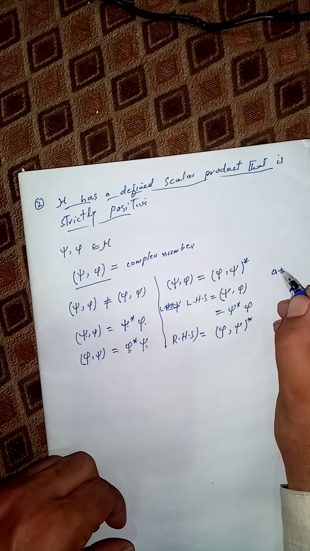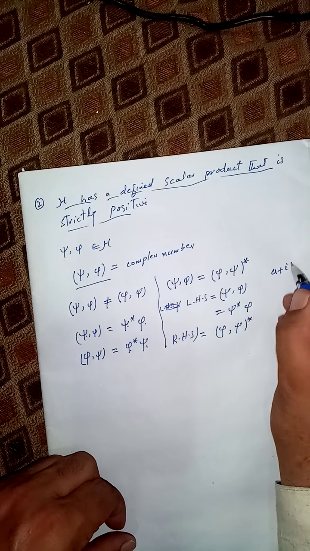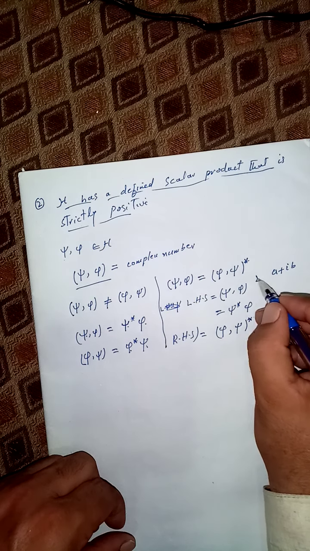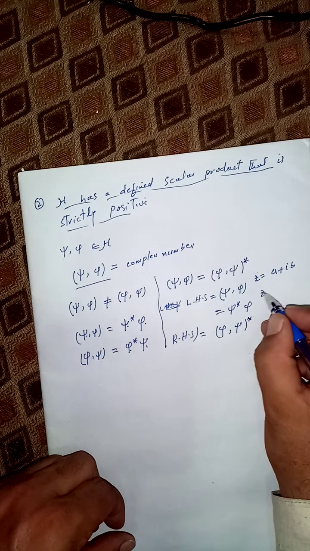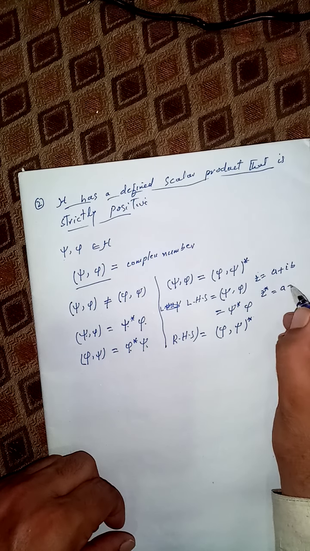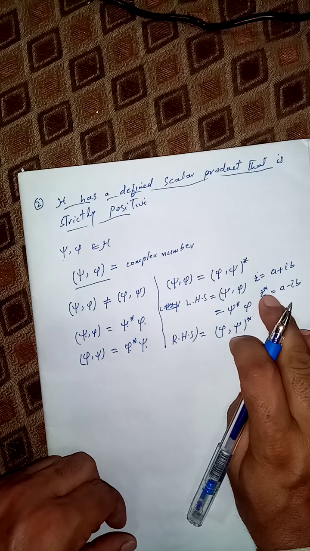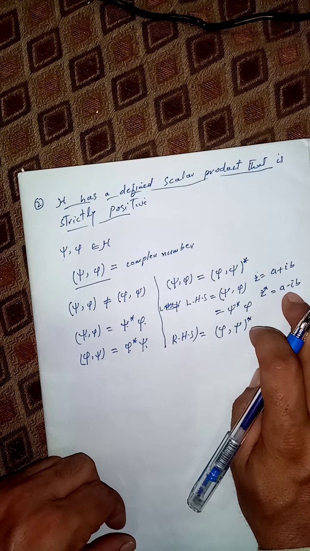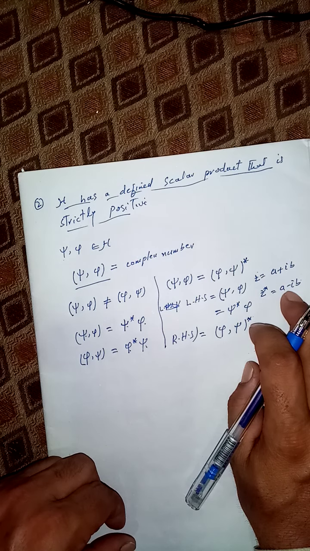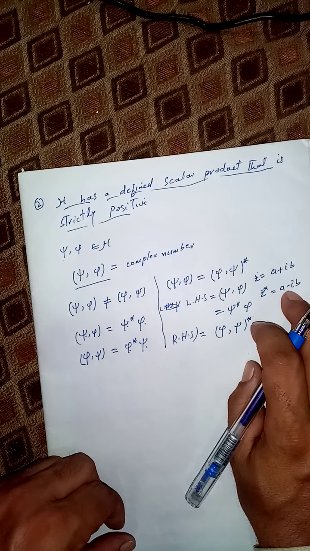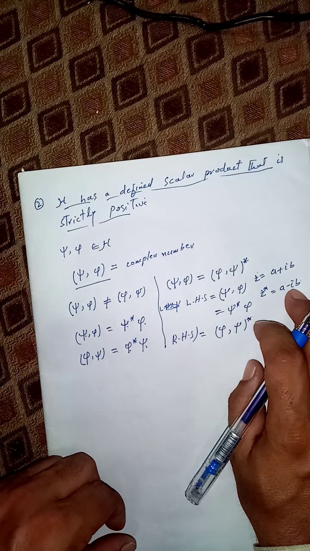For example, if we have a complex number z equal to a plus i b, then z star is equal to a minus i b. So this is the complex conjugate. Complex conjugate means we have to change the sign of the imaginary part.